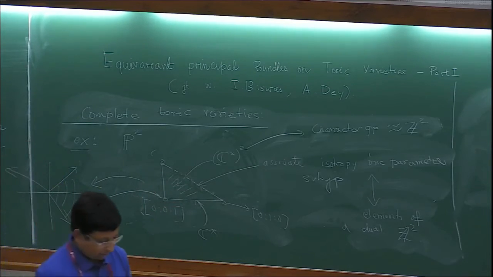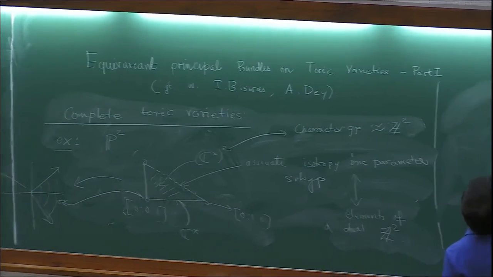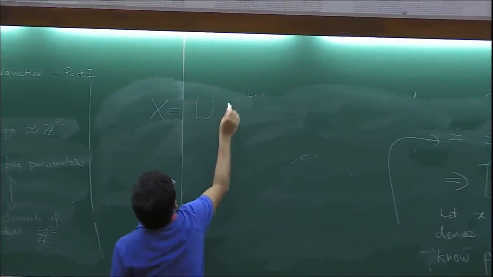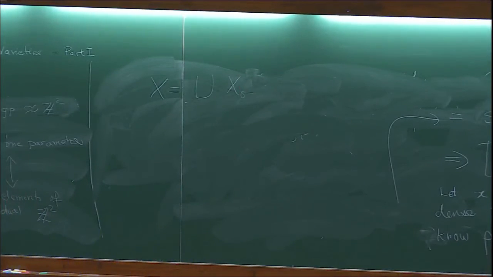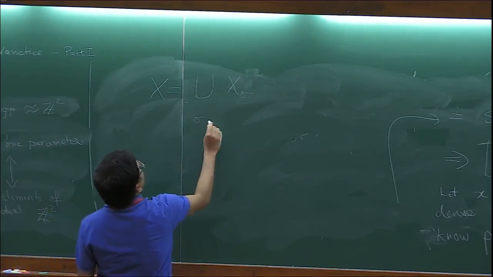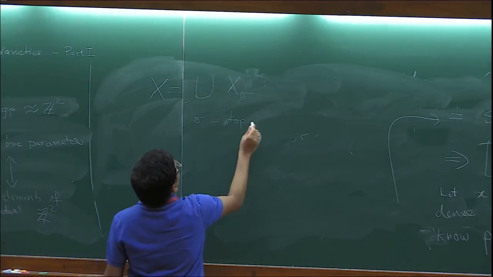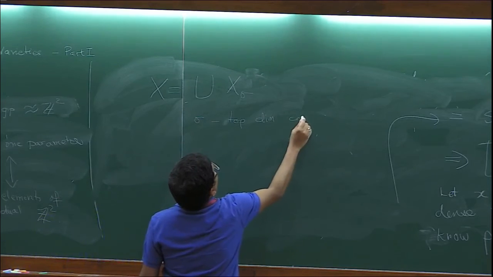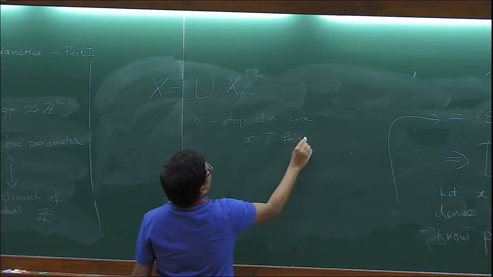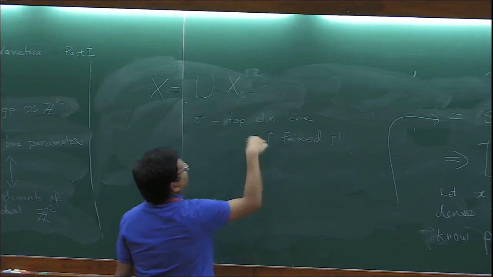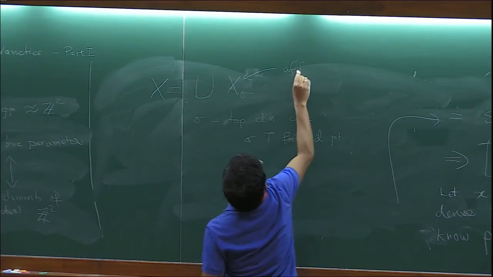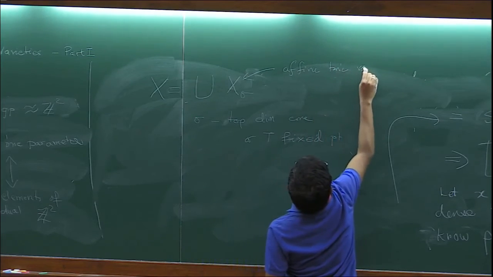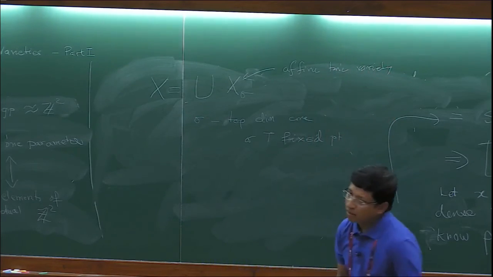So X is a union of some affine toric pieces called X sigma, with sigma an n-dimensional, top dimensional cone, or a T fixed point. You can identify them like that. These are affine toric varieties.